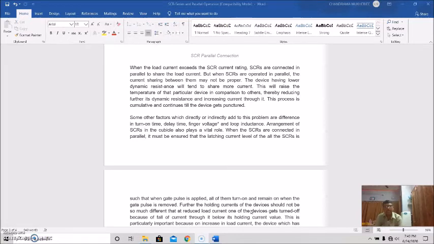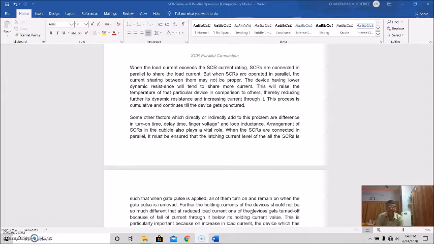If we remember the VI characteristics of an SCR, latching current is very important: unless the gate pulse is sufficient to reach the latching current level, the SCR will come back to its turn off position.